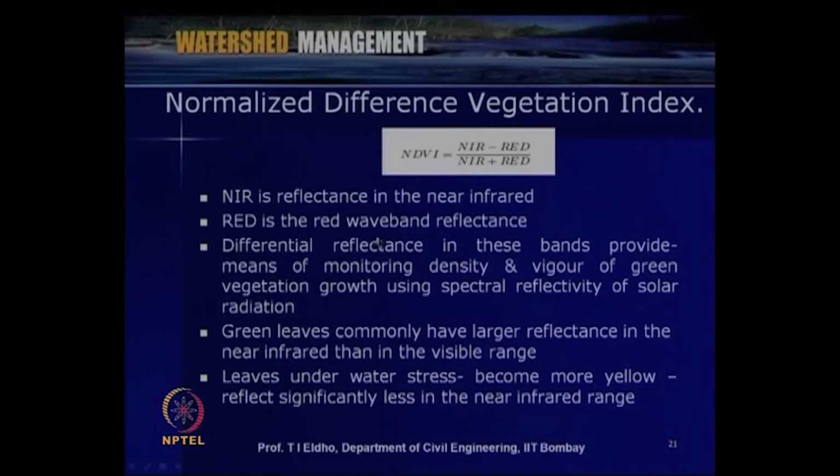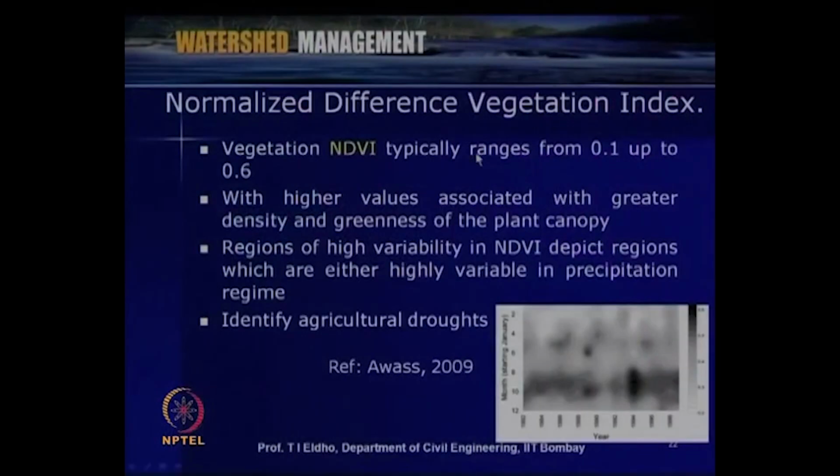So, using these concepts and the remote sensing data, we can identify the NDVI, normalized difference vegetation index, and that shows the variation. So, the vegetation NDVI typically ranges from 0.1 up to 0.6, with the higher values associated with the greater density and greenness of the plant canopy.